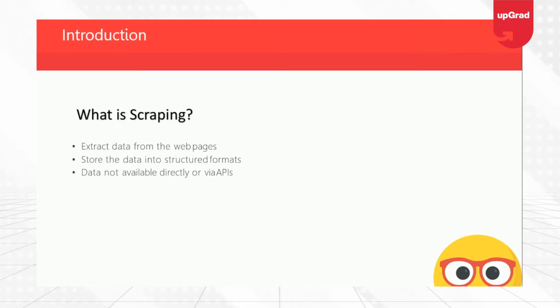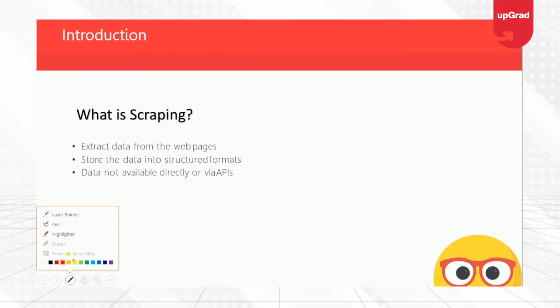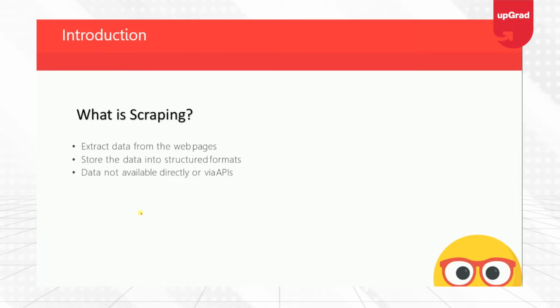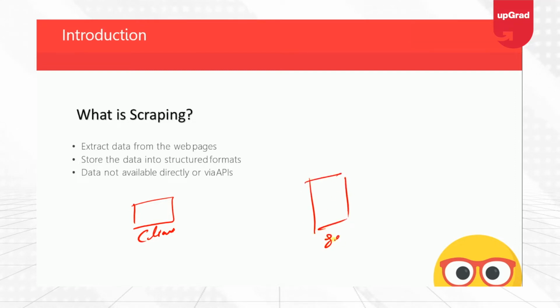Now the question is how it is accomplished. So in this process, we write an automated program that queries a web server, requests some data, and then parses the data to extract the needed information. We can easily understand this process through this visual. So let us assume that we have some client here, and here we are provided with some server.